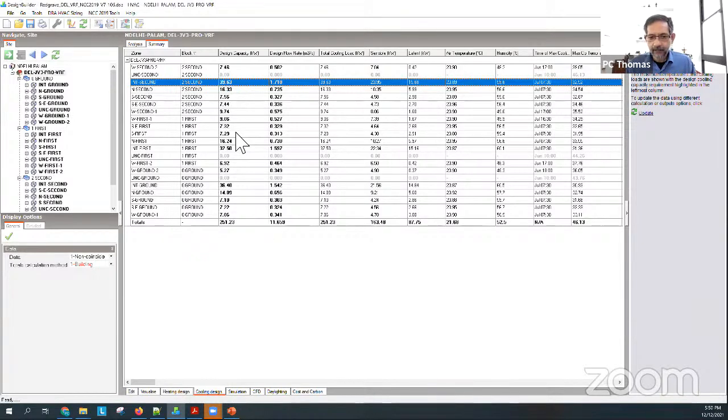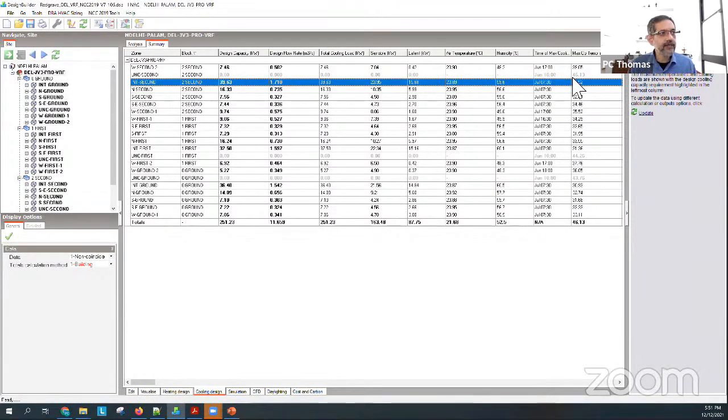But suppose you are doing some sort of centralized system. You have a VRF system which has one outdoor unit with many indoor units connected to it. Then when you add this up, it is actually more than the outdoor unit needs to provide at any one time.